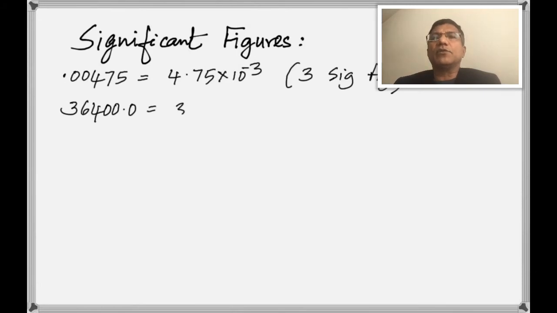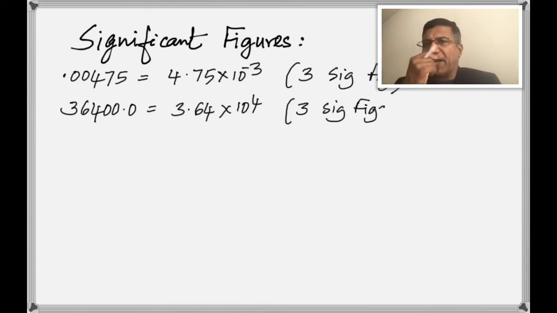Now there are many rules to find the number of significant figures in the answer. Before I go to the rules, here's another example. 36,400 written in the scientific notation is 3.64 times 10 to the 4.